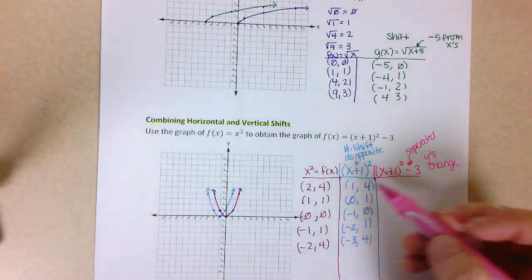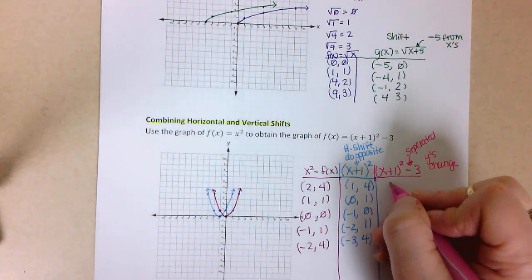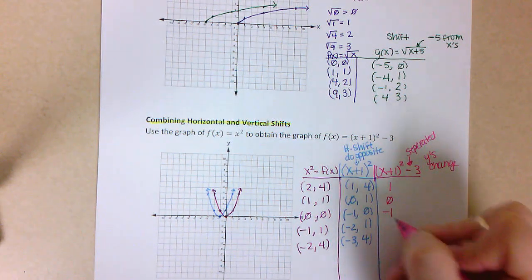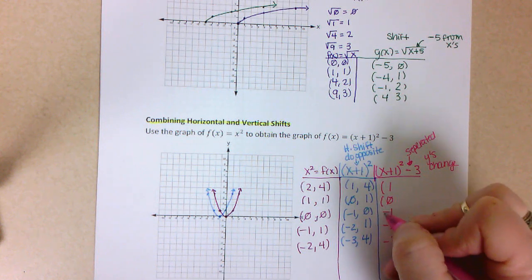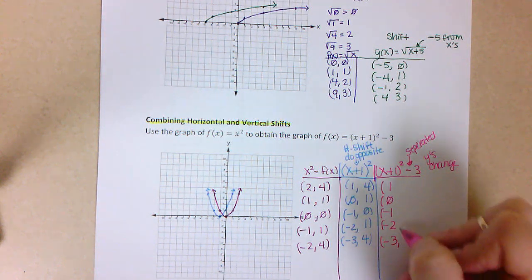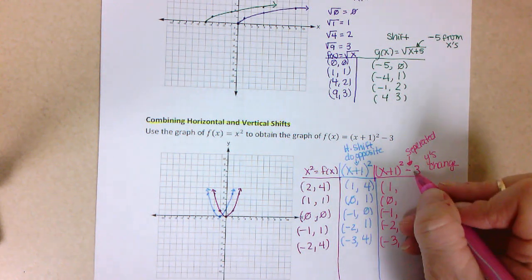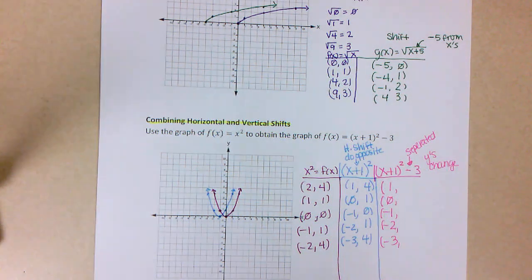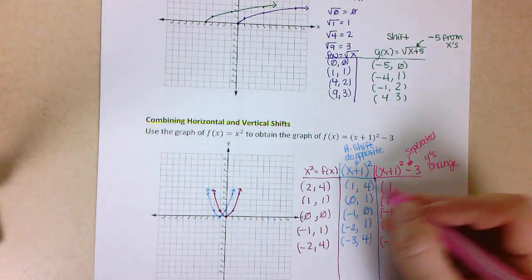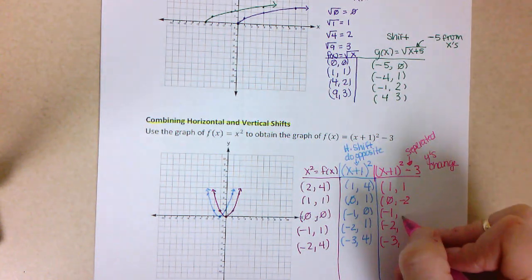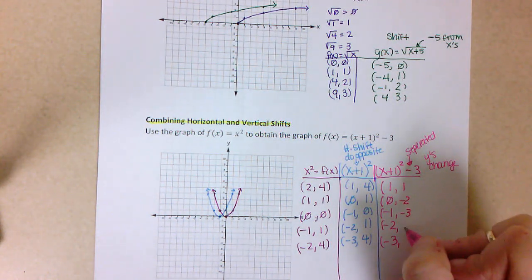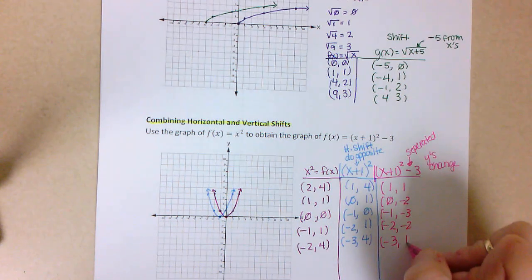So we could copy and paste our x's. So we have 1, 0, negative 1, negative 2, negative 3. And now we subtract 3 from our y's. So 3 from 4 is 1, then negative 2, negative 3, negative 2, and 1.